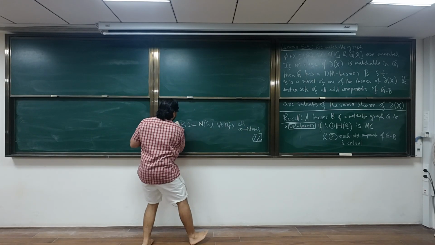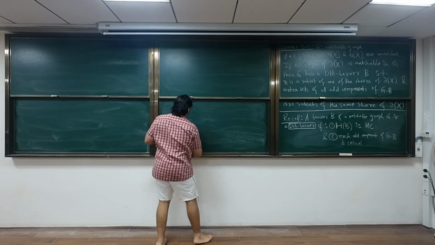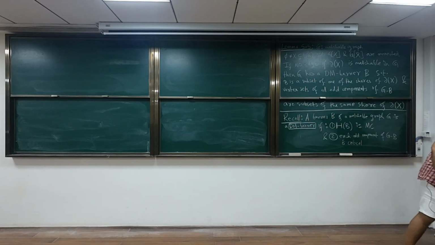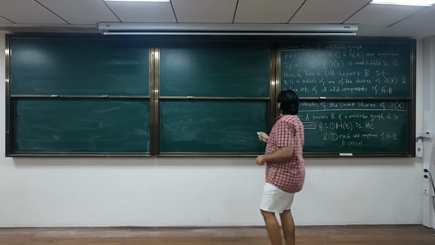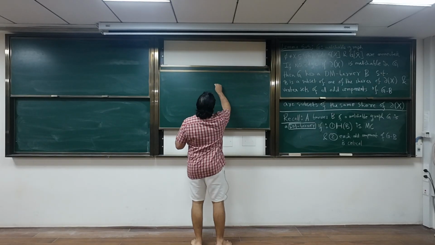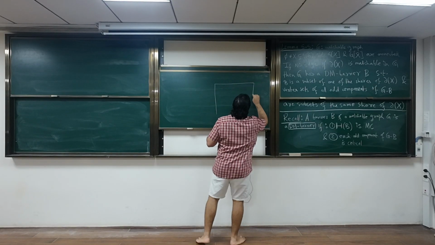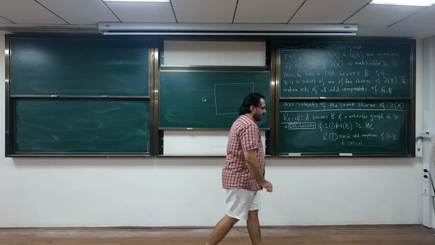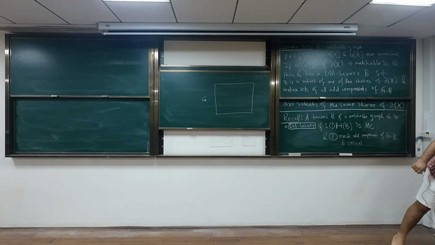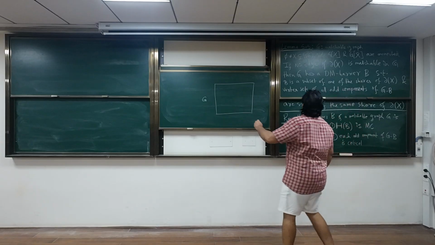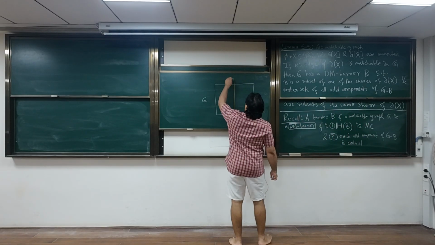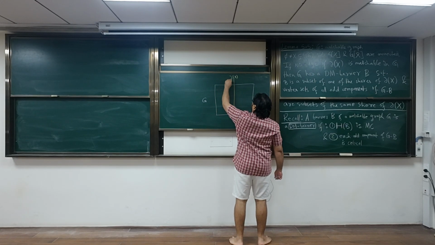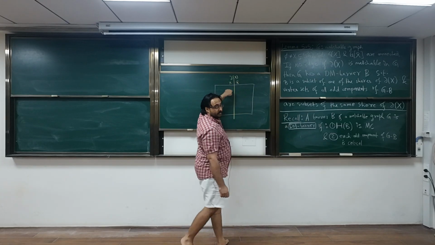Okay, so what we want is something like this. We have a matchable graph. This is our cut, partial of X, and edges in this cut, they are not matchable in the graph.